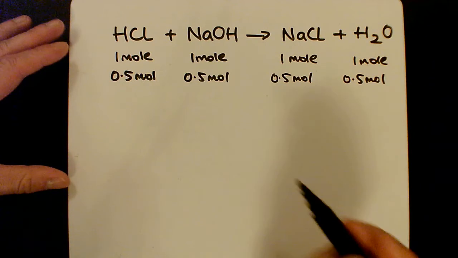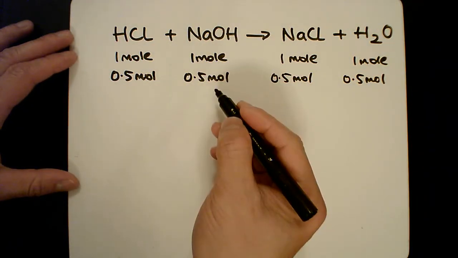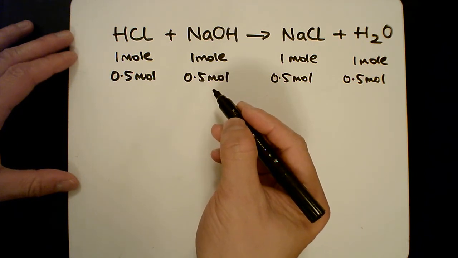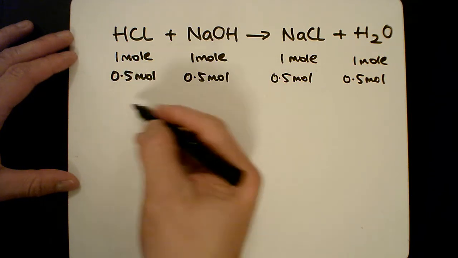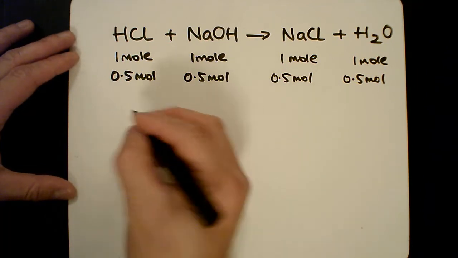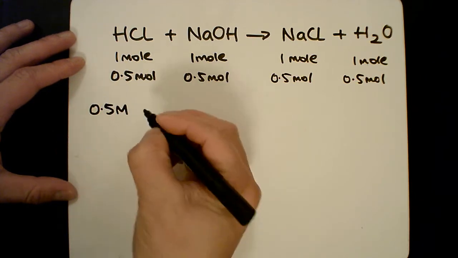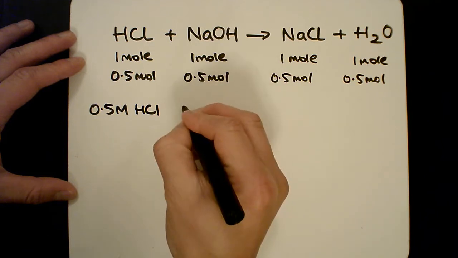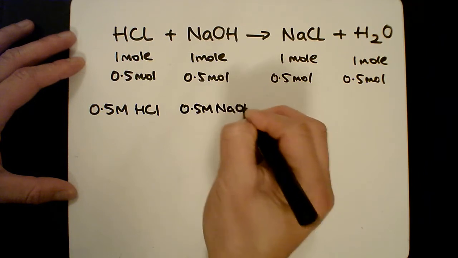Now, if we knew the concentration of our acid and our alkali, then we can work out how much volume we would need of the alkali to neutralize a known volume of the acid. So let's start off with a really easy one. Imagine that we had a 0.5 molar concentration of HCl, and we also had a 0.5 molar concentration of sodium hydroxide.